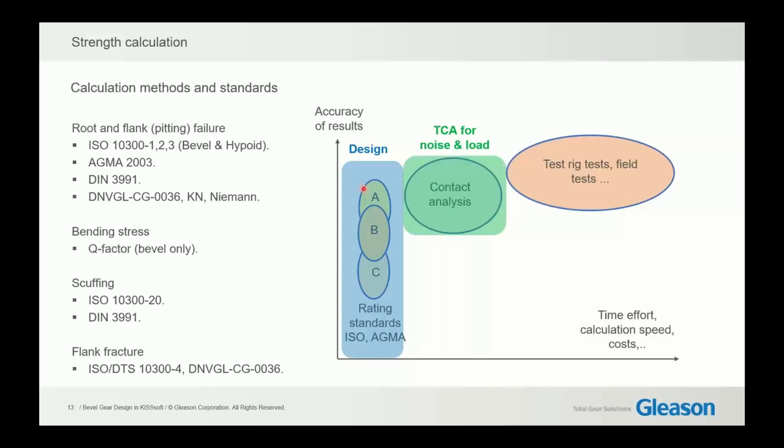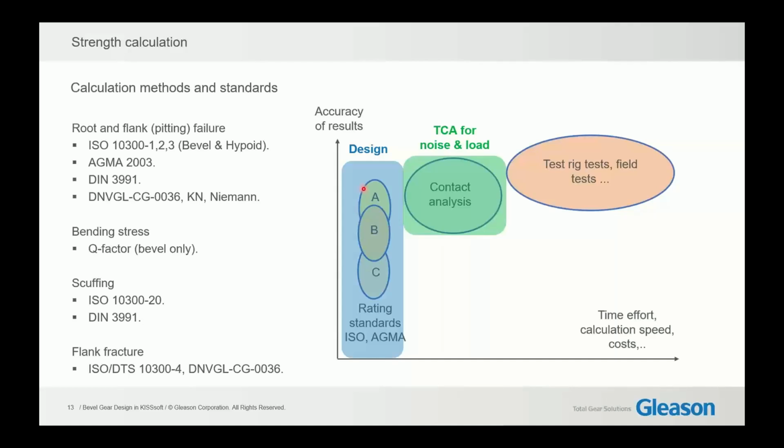Of course, we also agree to have the optimization of the flank topology done in contact analysis. The contact analysis considers, first of all, misalignments, and secondly the exact flank topology.